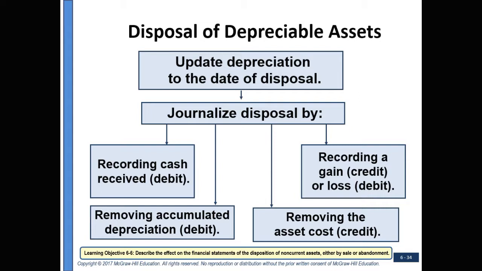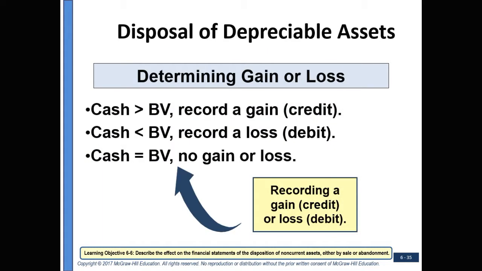So, how do we know if there's a loss or a gain? How do we determine that? Determining gain or loss happens when cash is greater than the book value. So if what you receive is greater than cost less accumulated depreciation to date, you will have a gain.